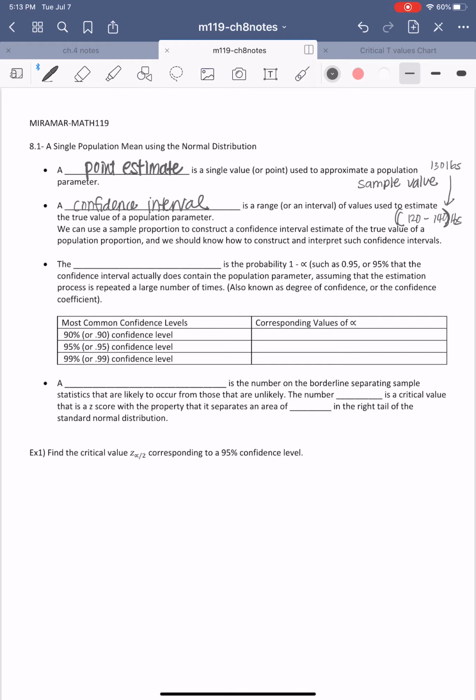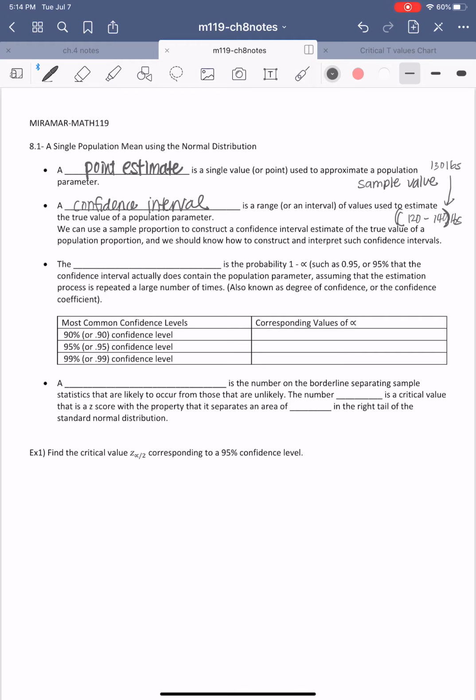So we are giving a little bit of a lenient way to estimate the entire population value. And here's the second part. We can use the sample proportion to construct a confidence interval to estimate the true value of a population proportion, and we should know how to construct and interpret such a confidence interval. And that's what we are going to do.